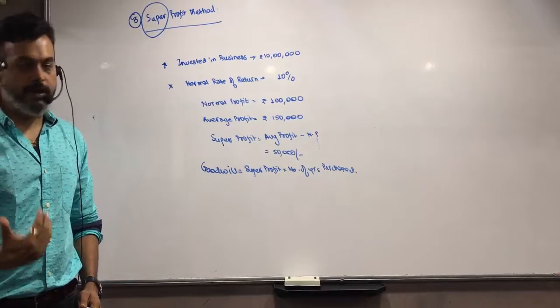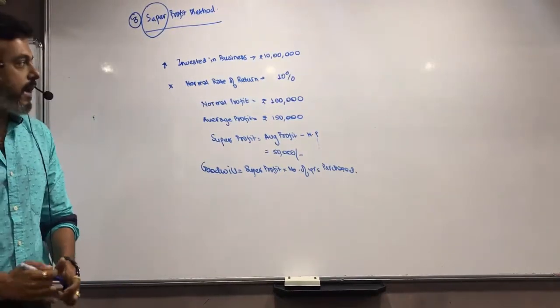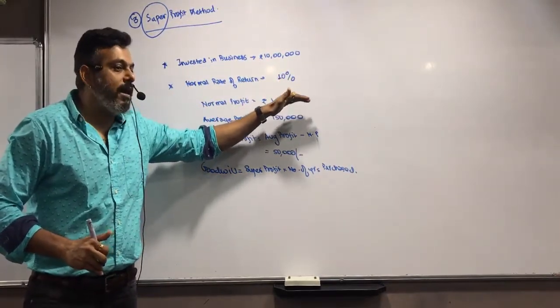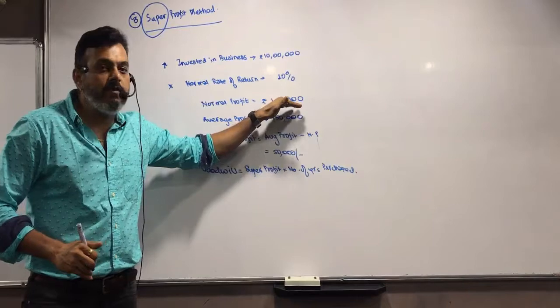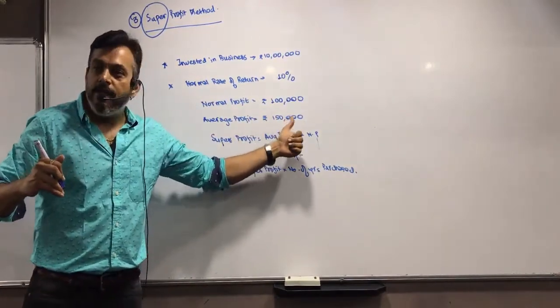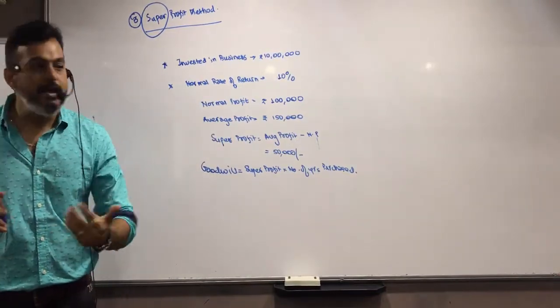Okay, super profit means something more than normal. So what is normal? How much you invested, and how much return you are getting on it. So the normal or expected profit should be 1 lakh. How much am I earning? 1,50,000. This average profit may be a simple average or a weighted average.